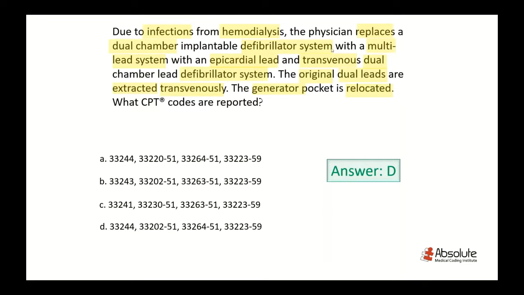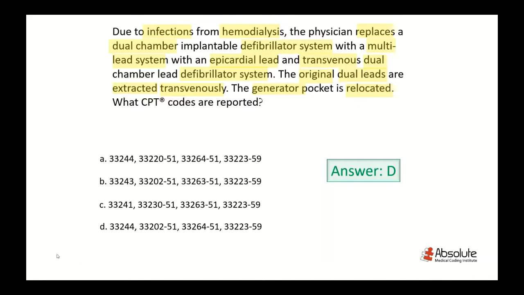However, when they put it back, one is epicardial and one is the dual, and because this is a multi-lead system, we're going to talk about this in a little bit. Just giving you a heads up on that one. Do you have any questions so far? So if you remember your keywords here, epicardial, thoracotomy, transvenous, then you have to pay attention to them, okay?